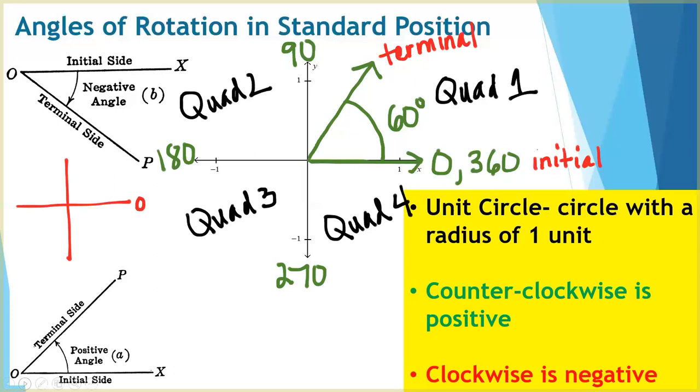Remember, this is 0, 90, 180, 270, and 360 is the same place as 0. And we have quadrant 1, quadrant 2, quadrant 3, quadrant 4.